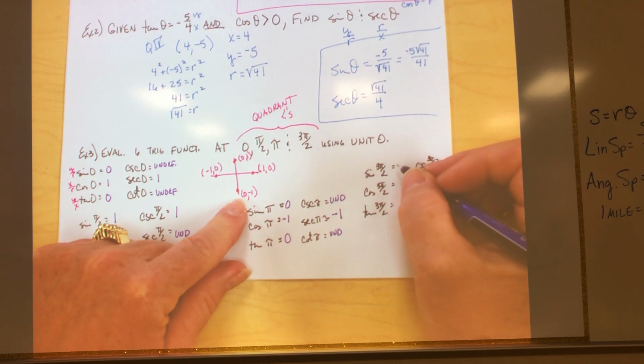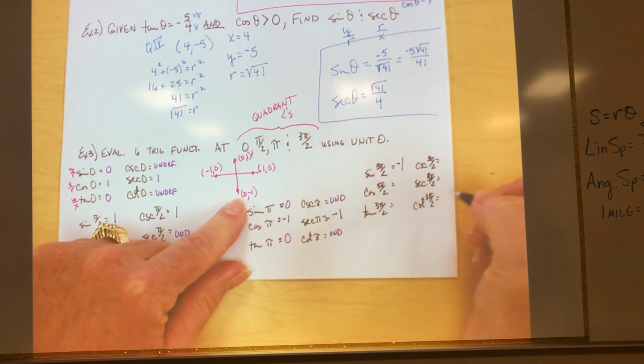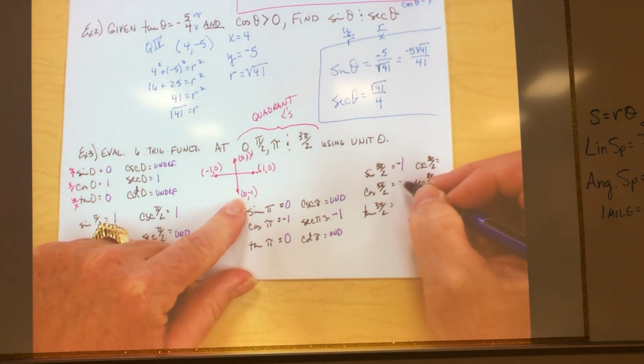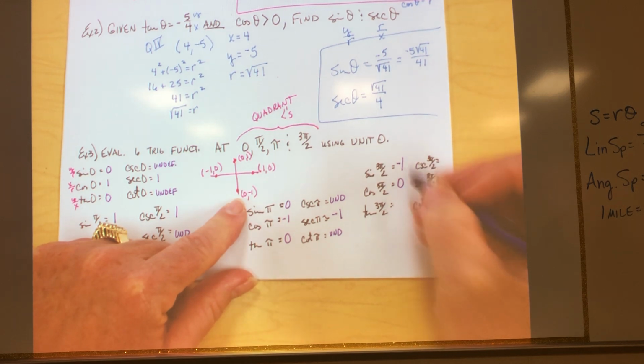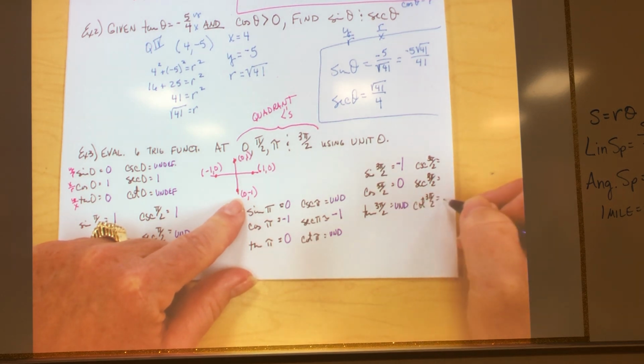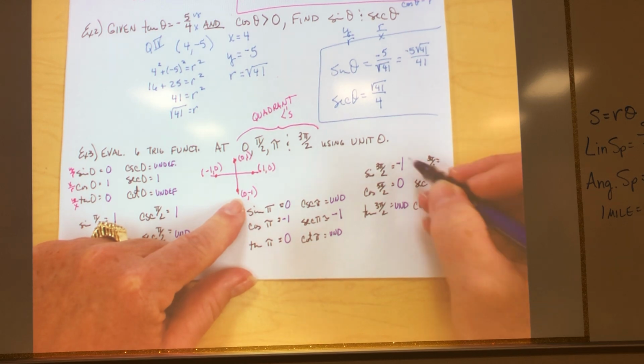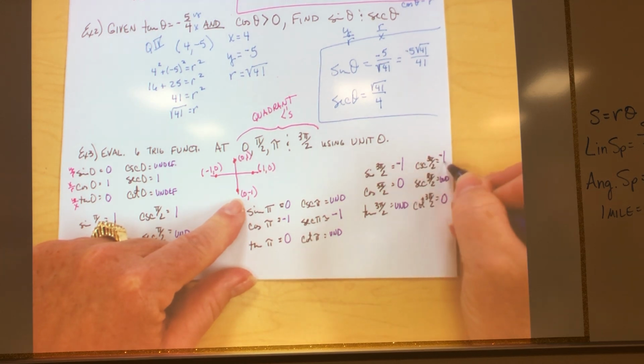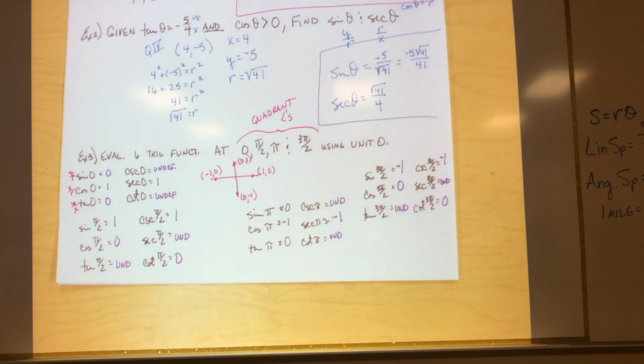Sine is y. -1. Cosine is x. Tangent's y over x. Sine over cosine. What's -1 over 0? Undefined. What's the reciprocal of undefined? 0. What's the reciprocal of 0? Undefined. And what's the reciprocal of -1? -1. Perfect. Amazing. Y'all are good.